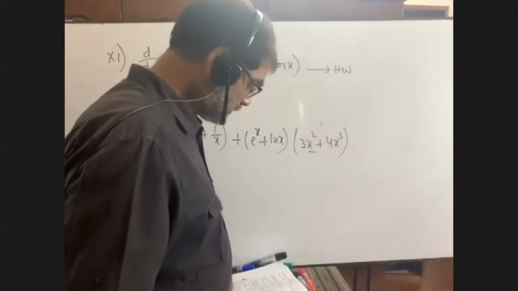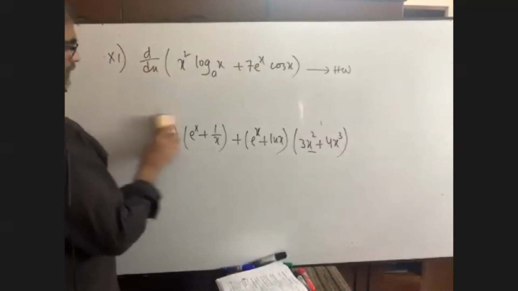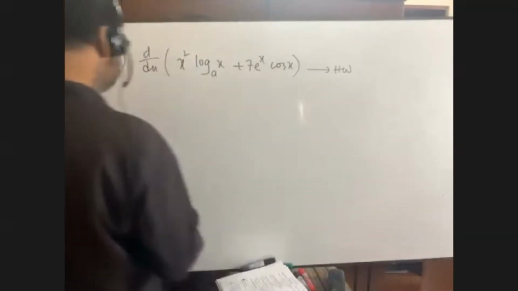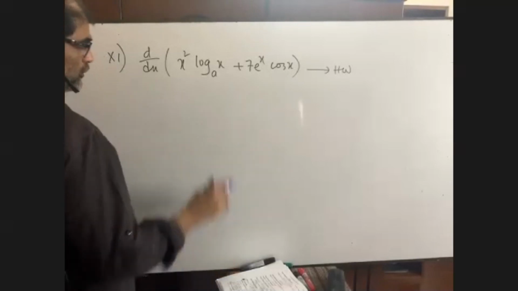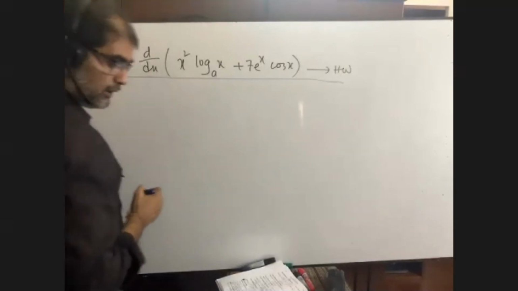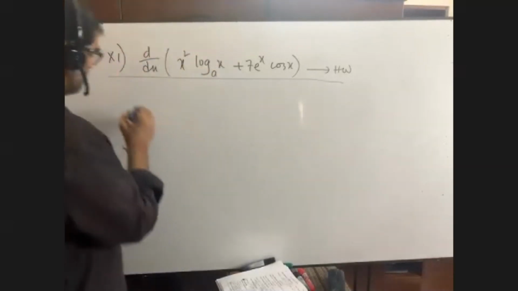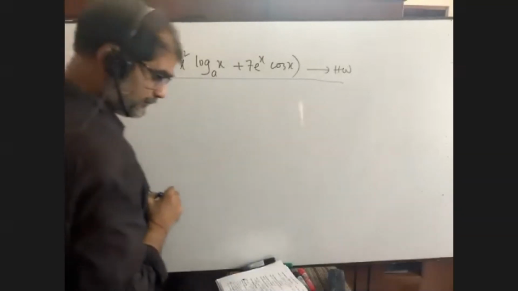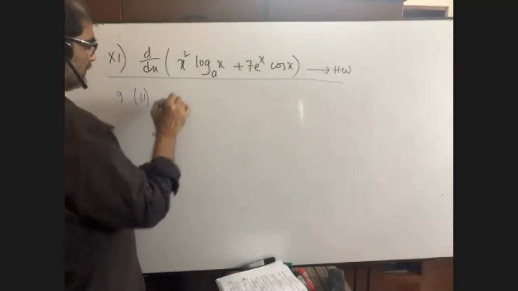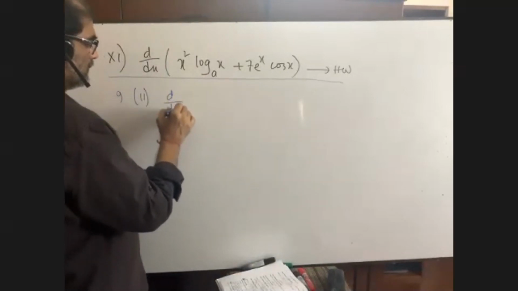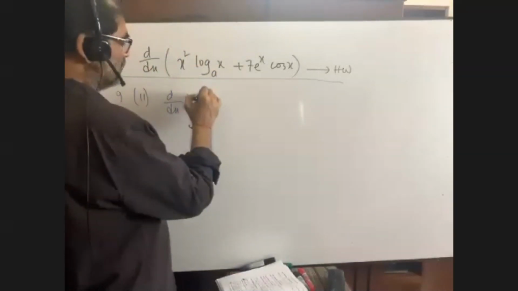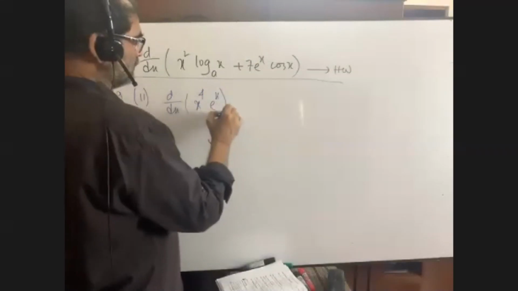Now I am going to Okurpatro again. Question number 9. Two. d by dx of x to the power 4 e to the power x.